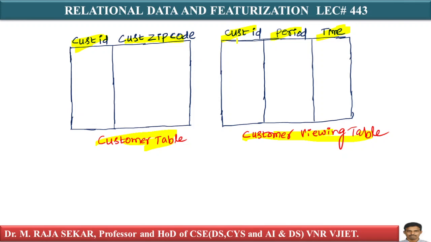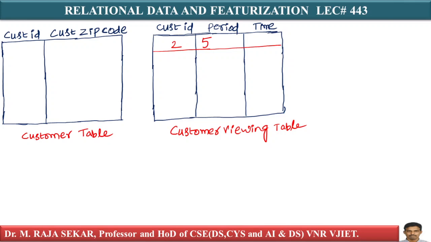So in this we are storing information about customers. Let's assume customer ID 2 has viewed product ID 5 at so and so time.